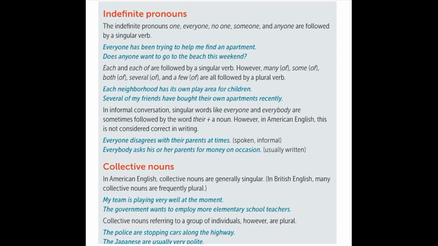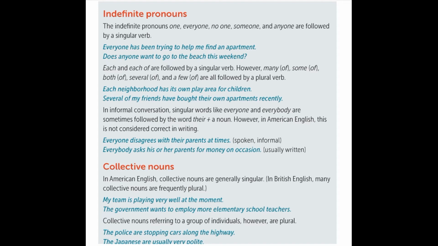Now, let's study a little about collective nouns. In American English, collective nouns are generally singular. In British English, many collective nouns are frequently plural. Examples: My team is playing very well at the moment. The government wants to employ more elementary school teachers. Collective nouns referring to a group of individuals, however, are plural.